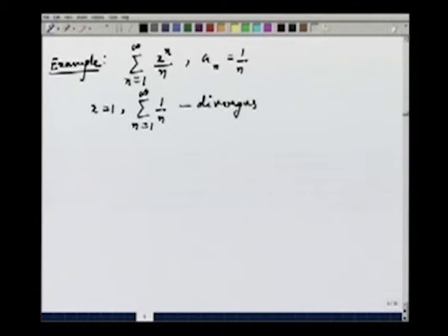And if I take x to be equal to minus 1, then summation n from 1 to infinity, I get minus 1 to the power n by n, which by Leibniz test converges, because this is an alternating series. Then if I apply my previous theorem, what should it tell me? What should be the radius of convergence?